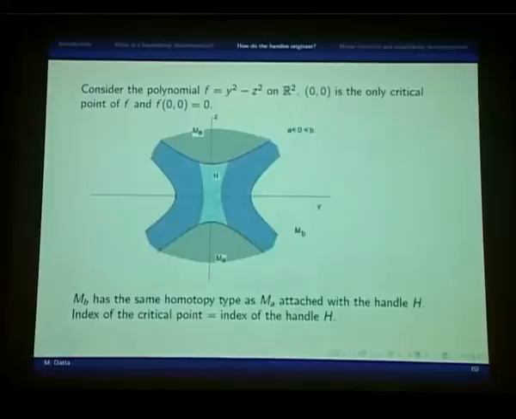The gray region is my MA, that means all points x where the functional value is less than or equal to A, and all the colored portion is my MB, where B is strictly positive. So I want to compare the topologies of MA with that of MB.